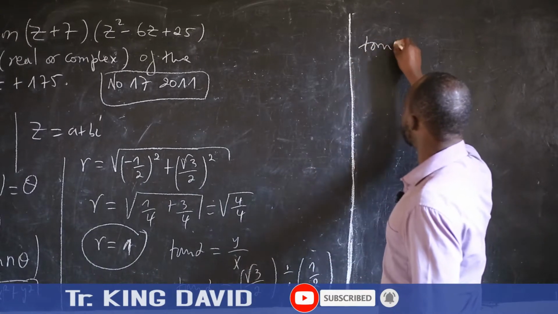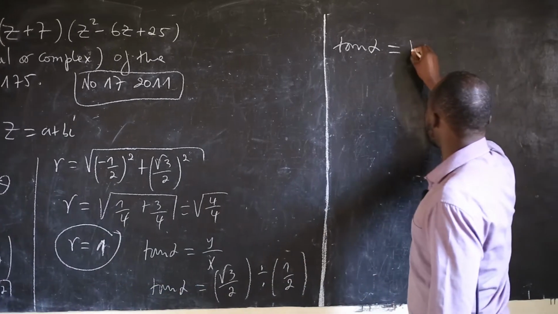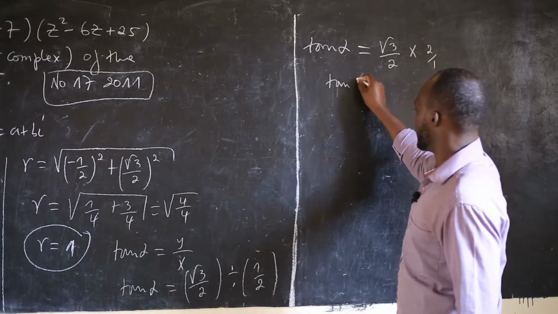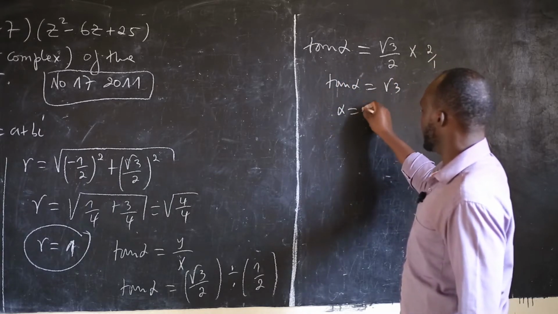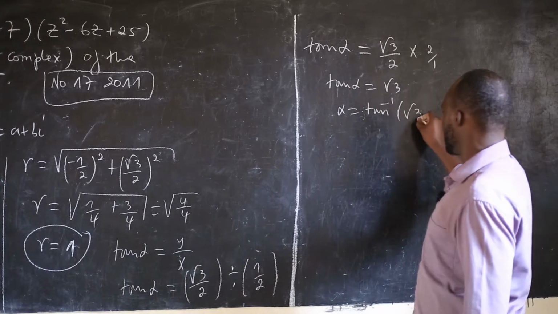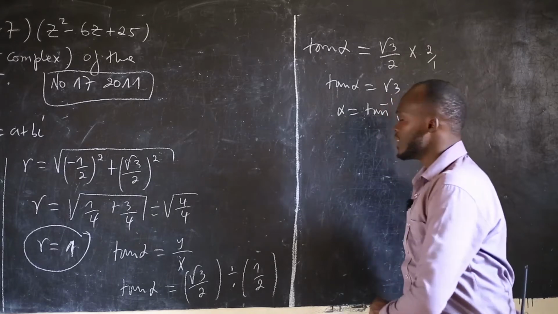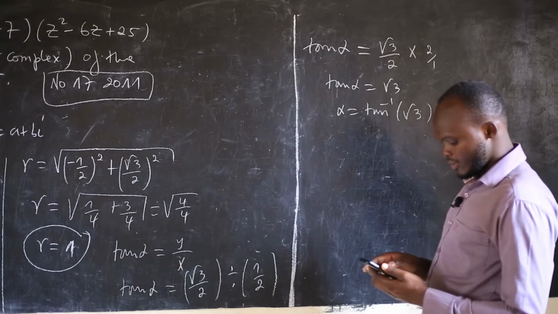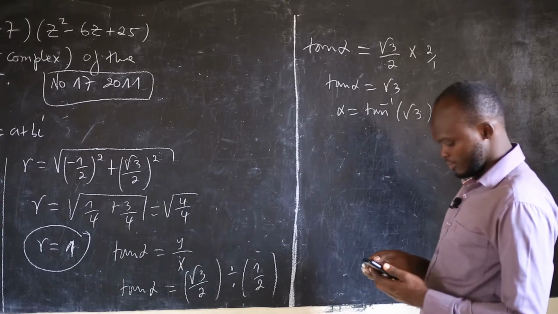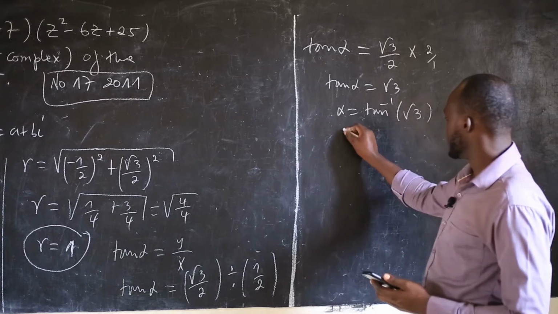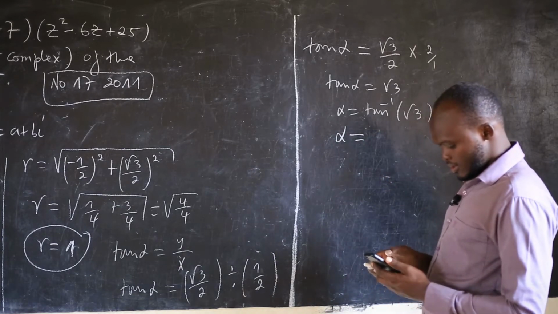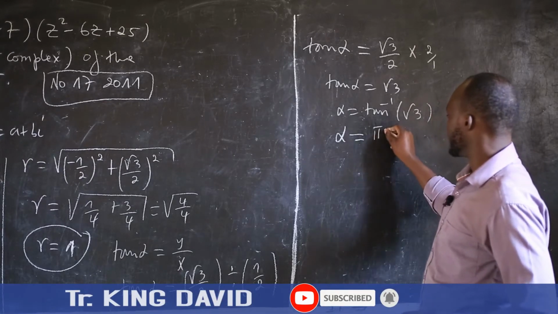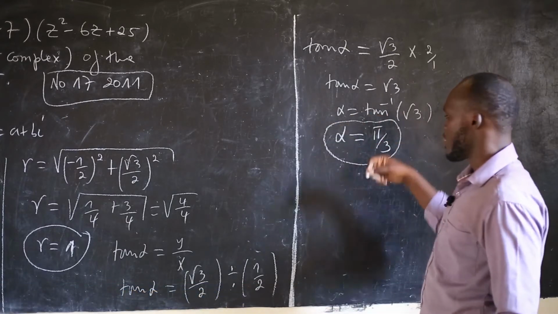So tan alpha will be equal to root 3 over 2 times 2 over 1, which is root 3. Then alpha is tan inverse of root 3. We use a calculator to find it. So we have 60 degrees, which is pi over 3. Our alpha is pi over 3.